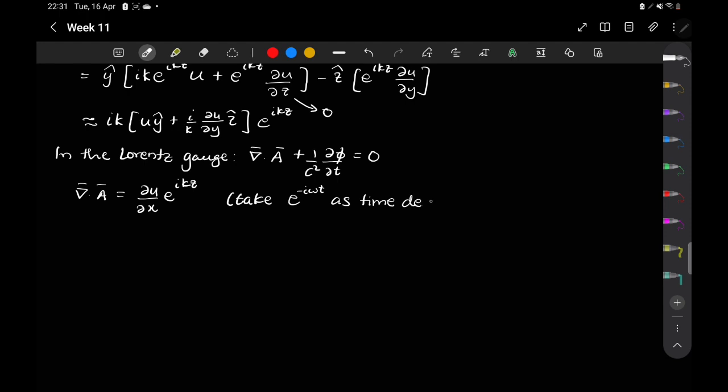And we will take the standard exponential minus i omega t as the time dependence.